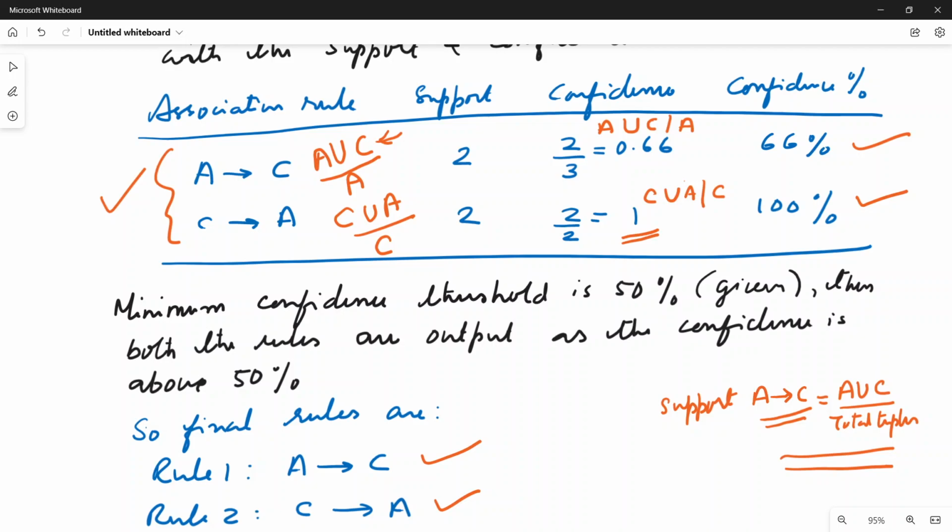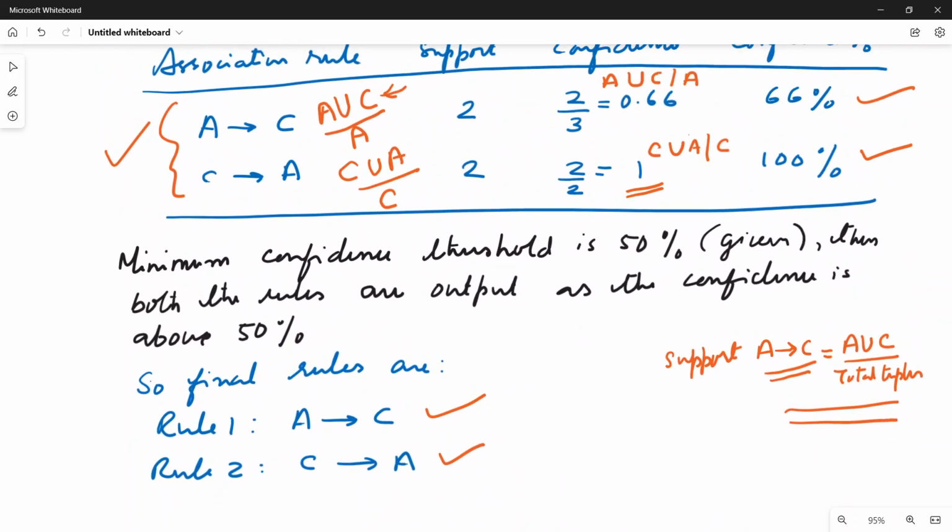In our case, A and C are present in 2 transactions, so it will be 2 divided by the total transactions, I suppose 5 or 4. So in the numerator it will be A union C, divided by the total tuples. This is how we find the support.